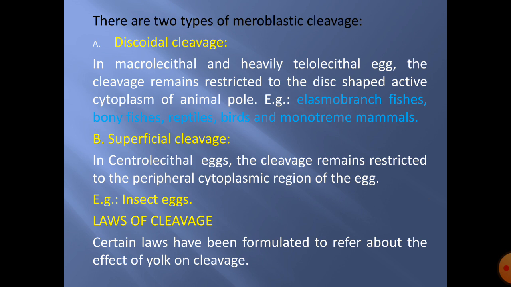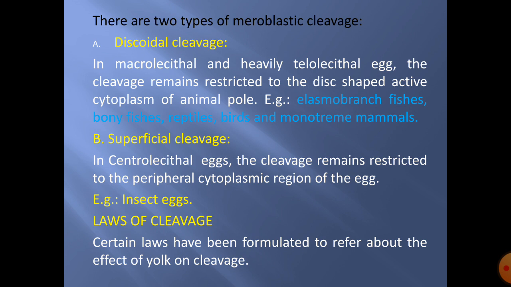One is discoidal cleavage, which is seen in macrolecithal and heavily telolecithal eggs. The cleavage remains restricted to the small disc-shaped active cytoplasm of the animal pole. This is seen in elasmobranch fishes, bony fishes, reptiles, birds and monotreme mammals like echidna and platypus.